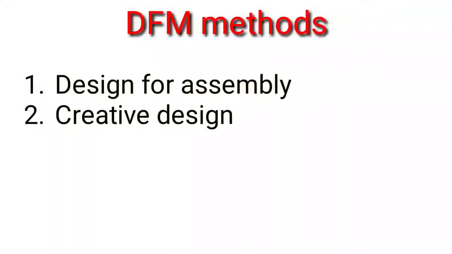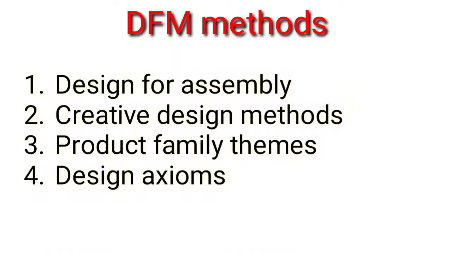Now let's talk about the DFM methods, the methods that are used for design for manufacture. The first method is design for assembly, second is creative design methods, third is product family themes, and fourth is design axioms.